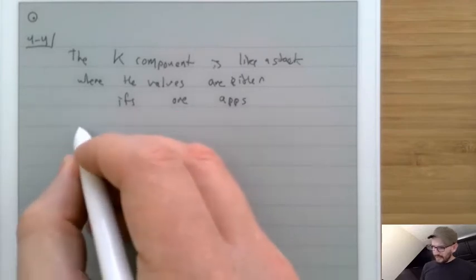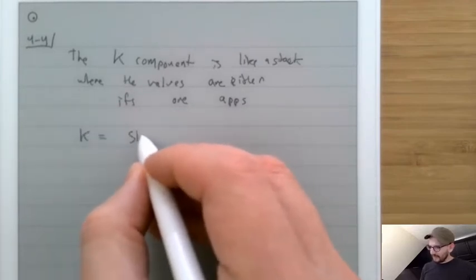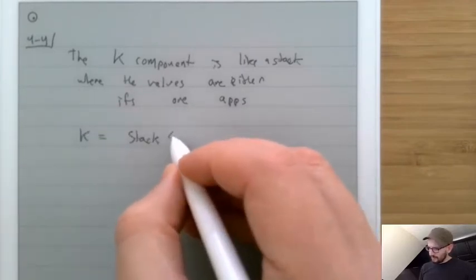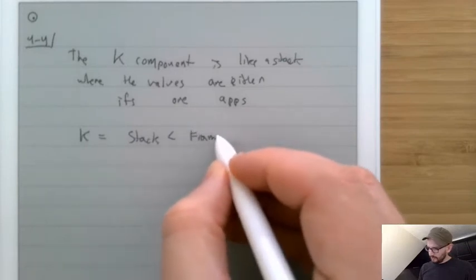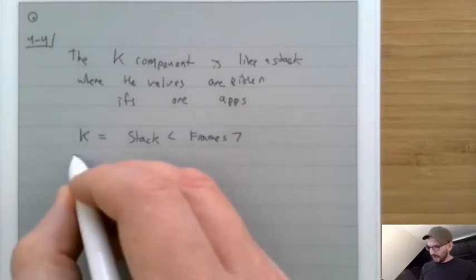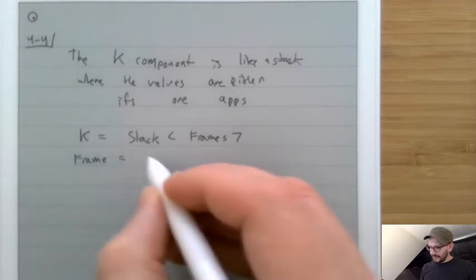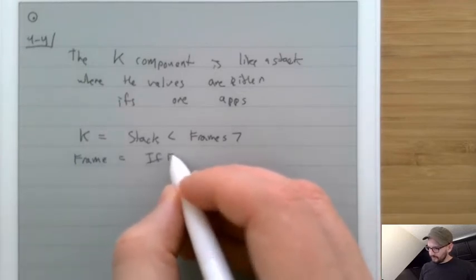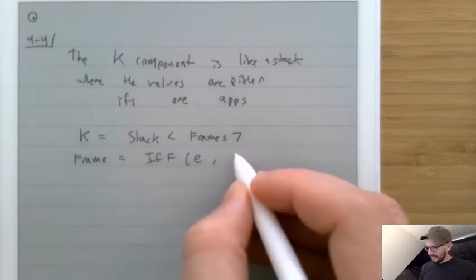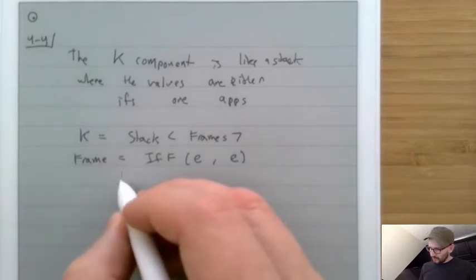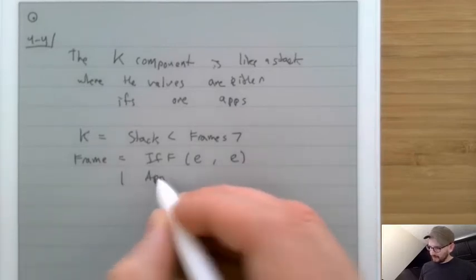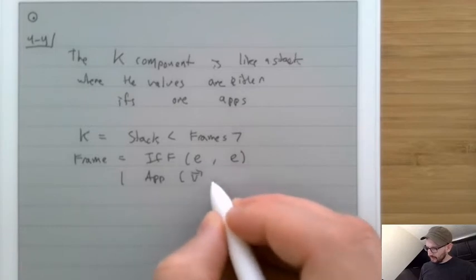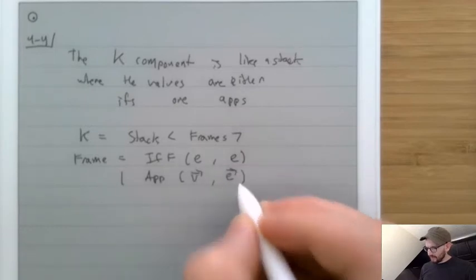So we could say that K is equal to a stack of frames, where a frame is either an if that has an E and an E, or it's an app that has a sequence of values and a sequence of expressions.